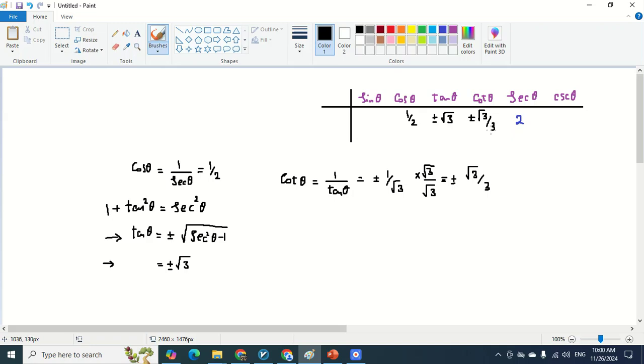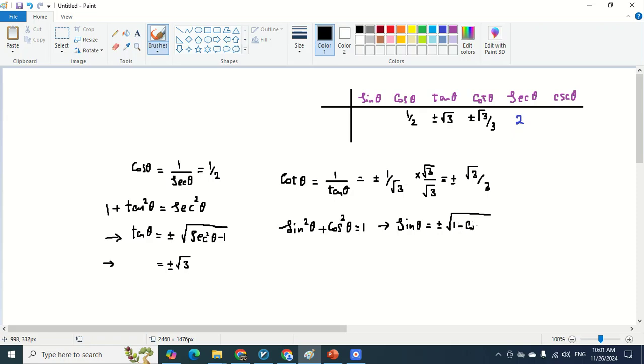Right now you can calculate the sine of theta if you have the cosine of theta. If you remember the famous relation for the sine was as follows: sine square of theta plus cosine square of theta was equal to 1. So from this identity, you can calculate the sine of theta if you have the cosine. So from here, sine of theta can be written as plus and minus the square root of 1 minus cosine square of theta.